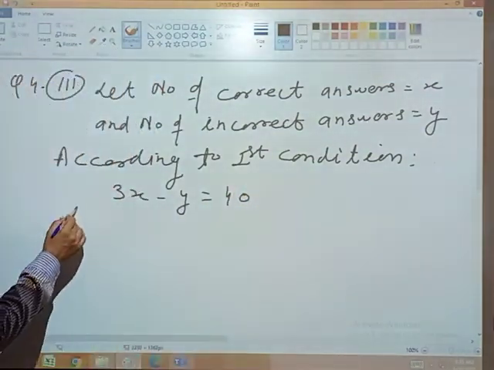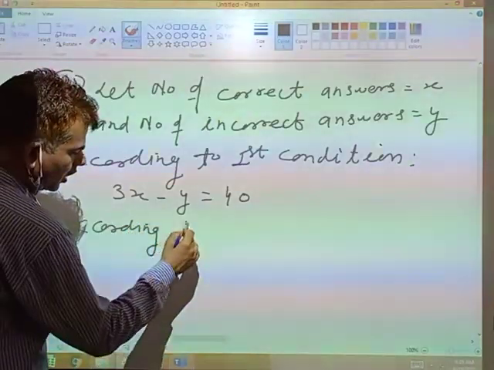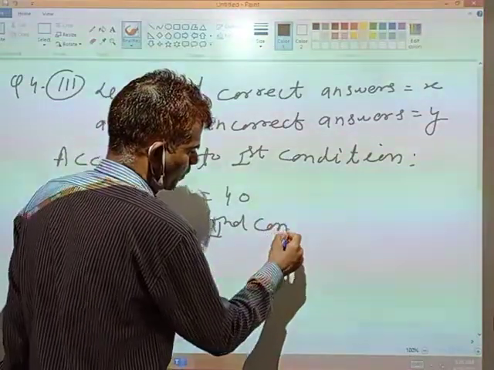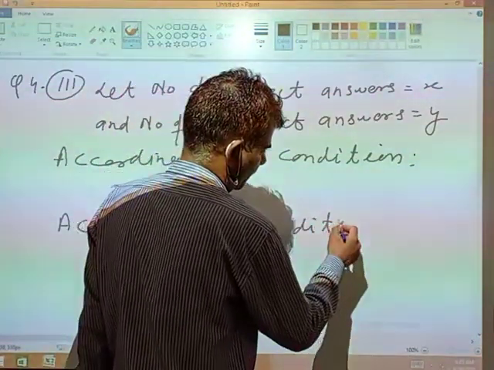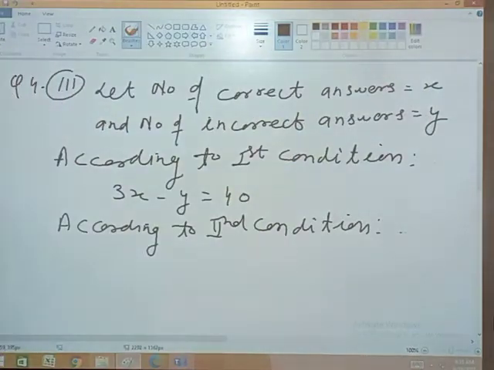Now student, according to the second condition, 4 marks are awarded for each correct answer.